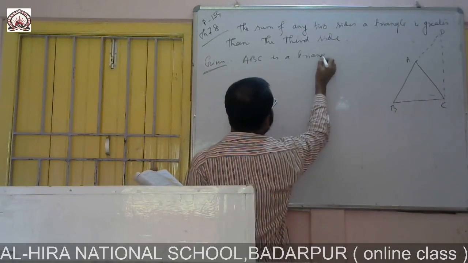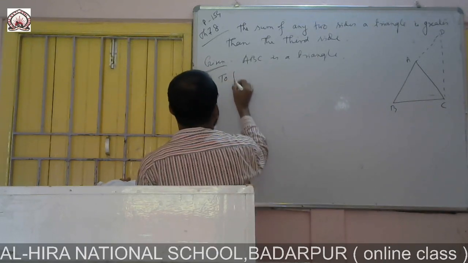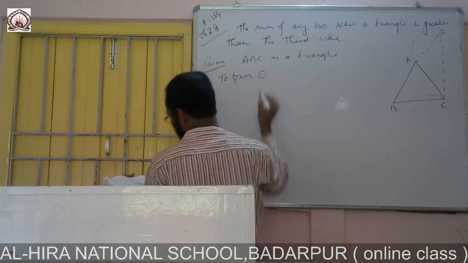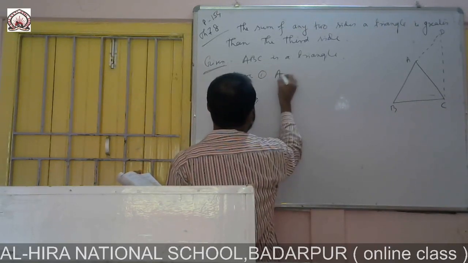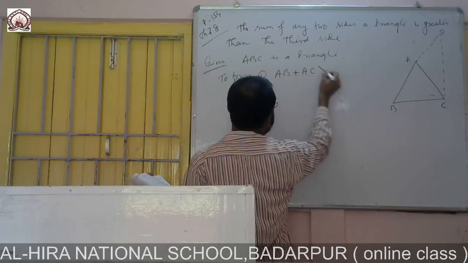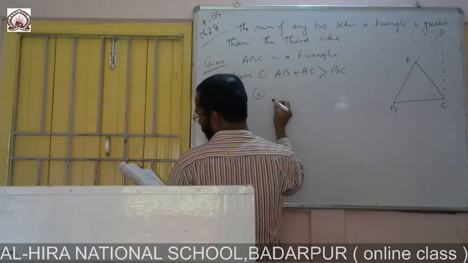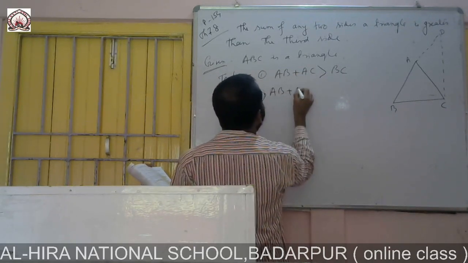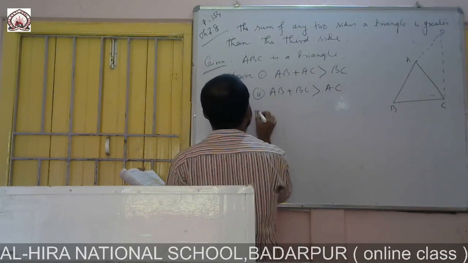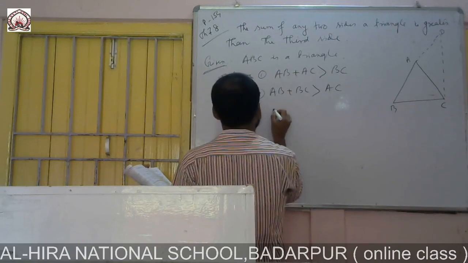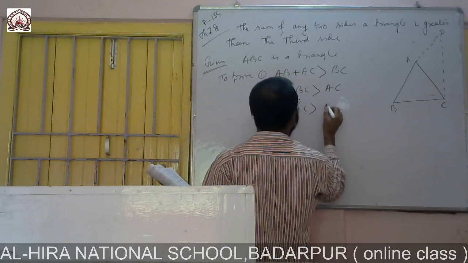To prove: number 1, AB plus AC greater than BC. Number 2, AB plus BC greater than AC, and number 3, BC plus AC greater than AB.